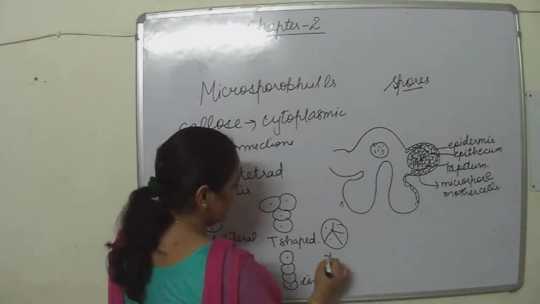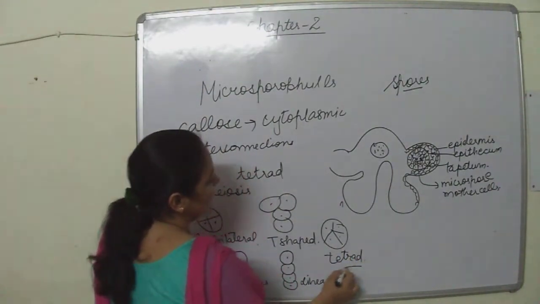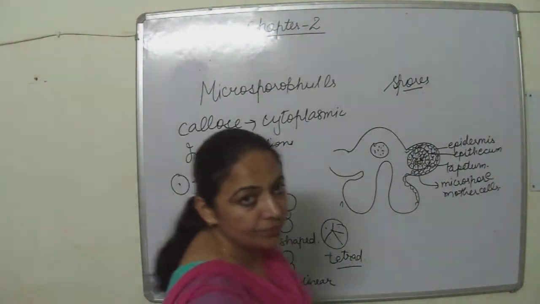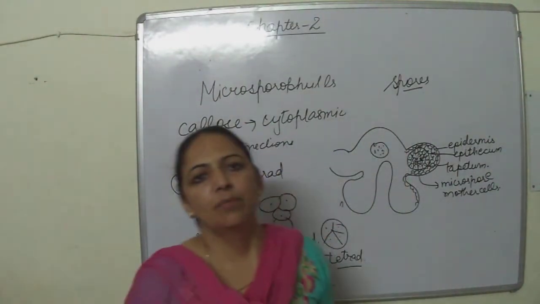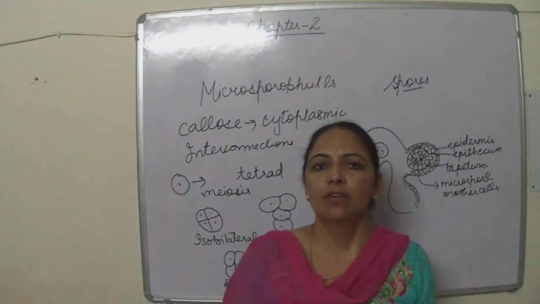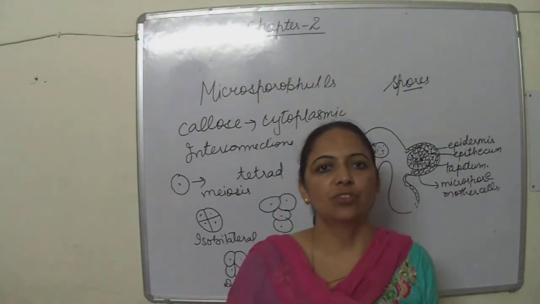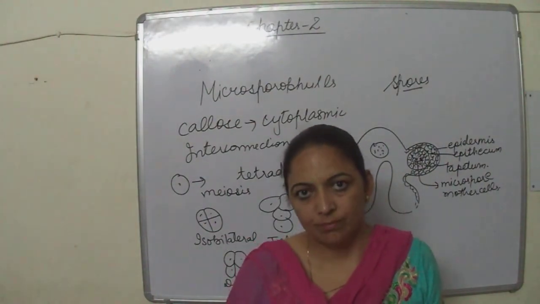This is tetrahedral. With this, the process of microsporogenesis is completed, and in the next session we will discuss the dehiscence of pollen grains and the structure of the pollen grains. Thank you and have a nice day.